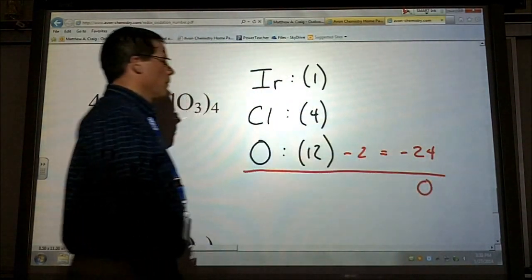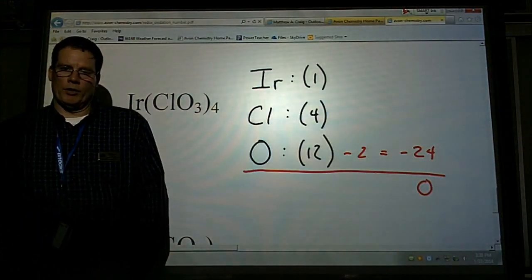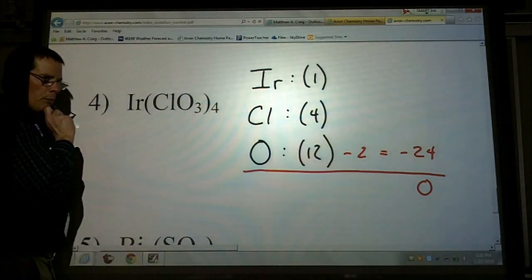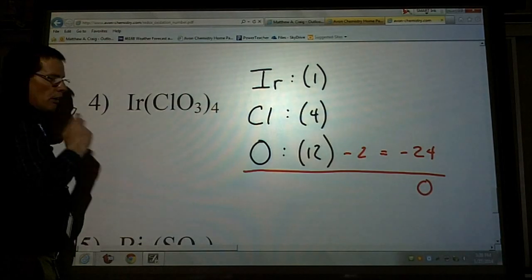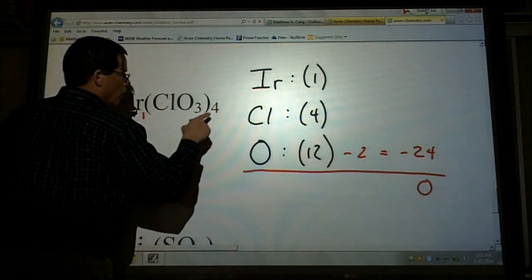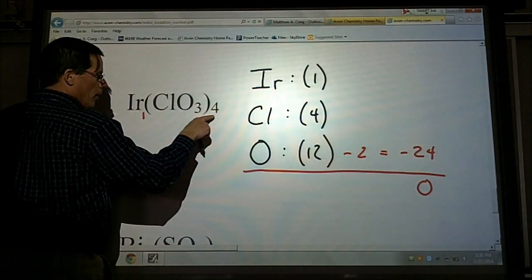That equals 0. Now here's another trick. This is kind of neat. If you look at the subscript for iridium, what subscript does iridium have? It doesn't have one, but really it has a 1 there, okay? Also, you notice that there's a subscript 4 here.